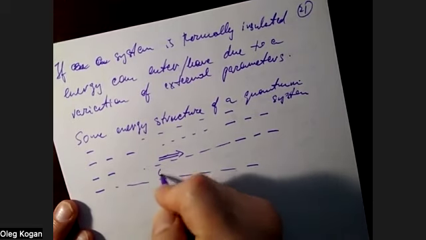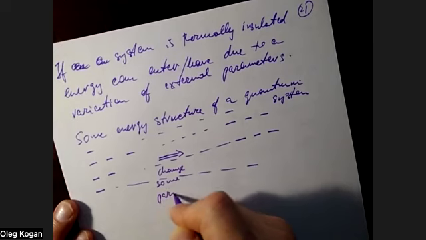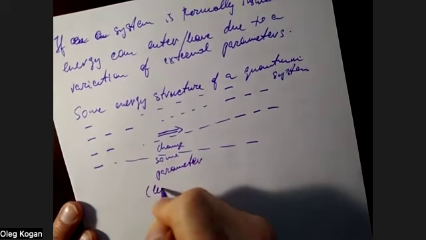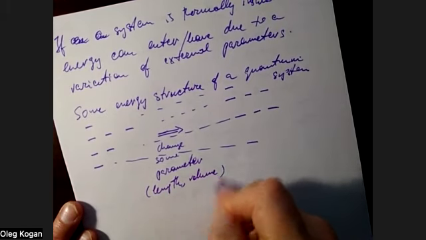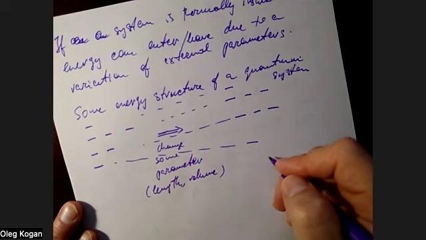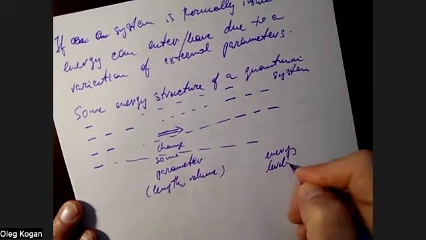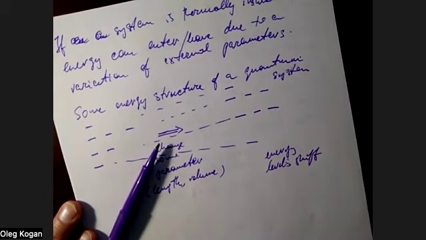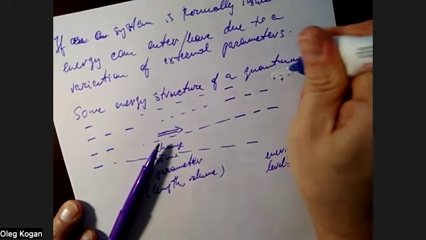So you change some parameter, length, volume, or something else. Energy levels shift. And for generality, I also drew different degeneracies.